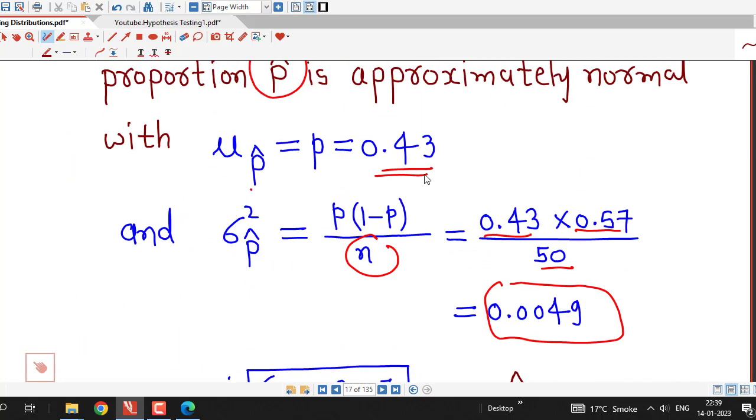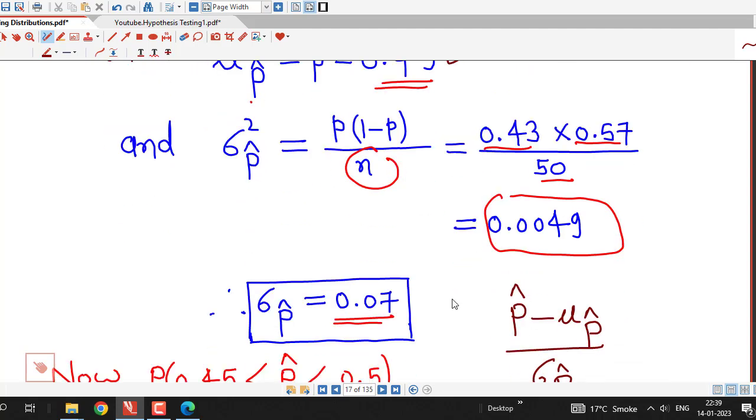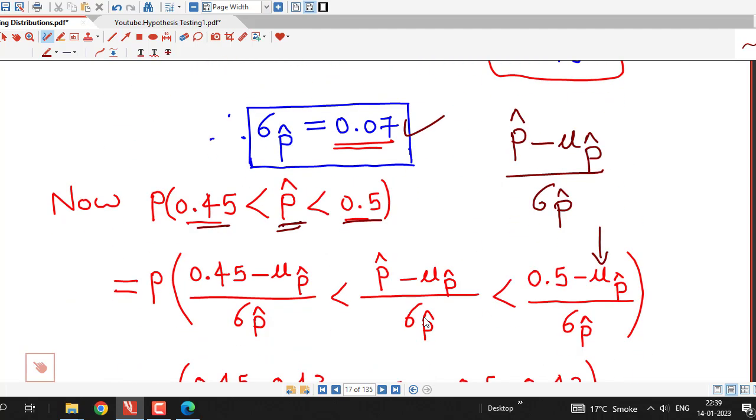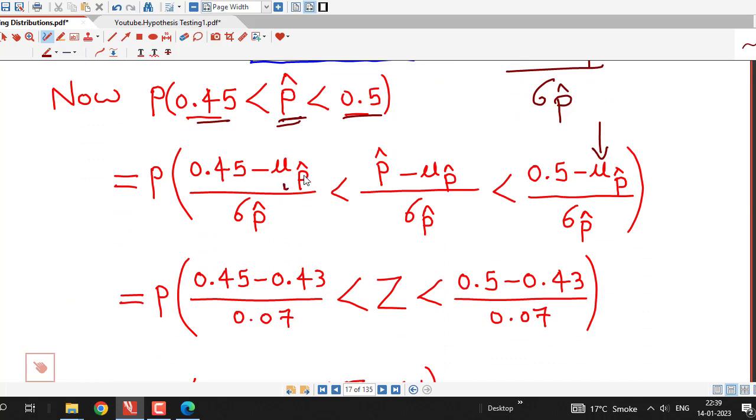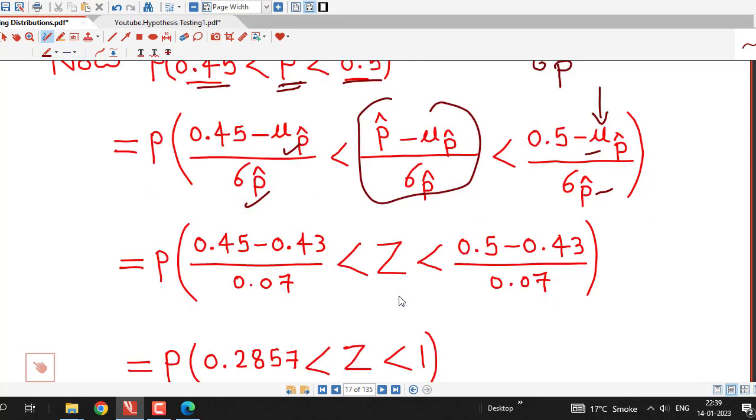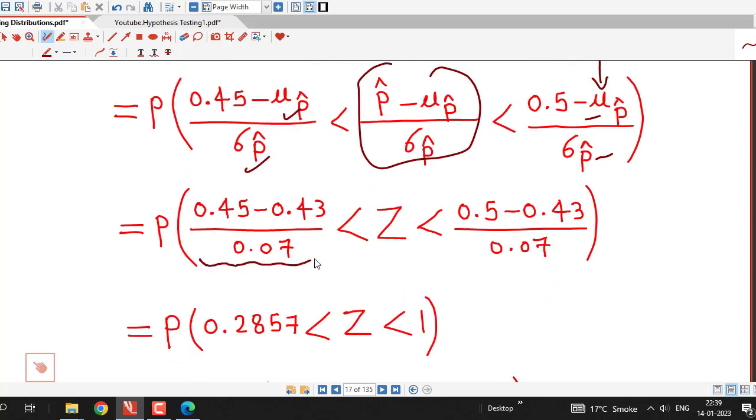And now we are having these two values. Mean is 0.43, standard deviation is 0.07, that we substitute here, here and here, and this is standard normal random variable denoted by capital Z. This quantity turns out to be 0.2857.